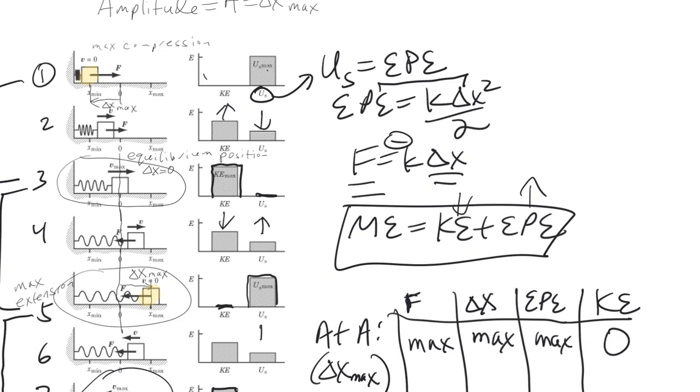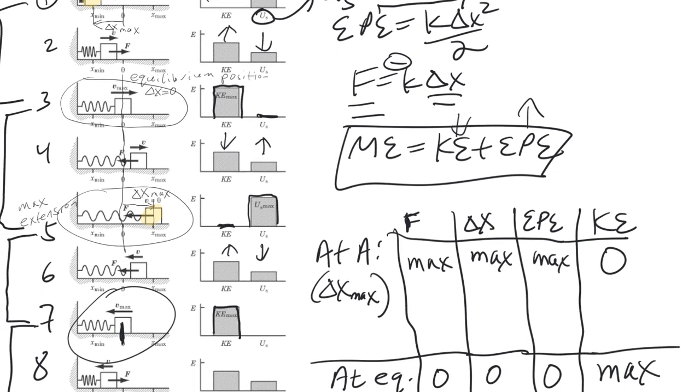Then EPE starts to shrink and the KE builds, and so on, repeating over and over. So these are concepts that you need to know and understand.